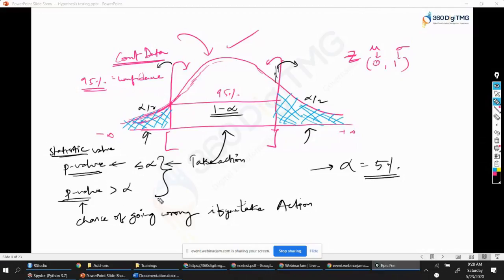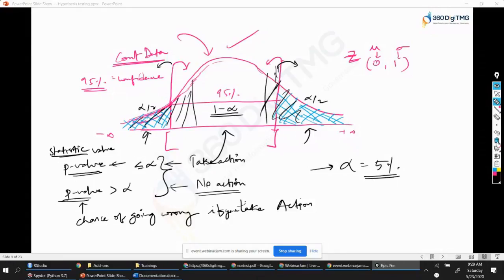But if the value that you are getting is greater than alpha, the chance of you going wrong is more than alpha, then you better not take action. The p-value is greater than alpha, so your confidence region is less now. If this is increasing, then your confidence portion is reducing, right? So you better not take action. This is what we interpret from the p-value.